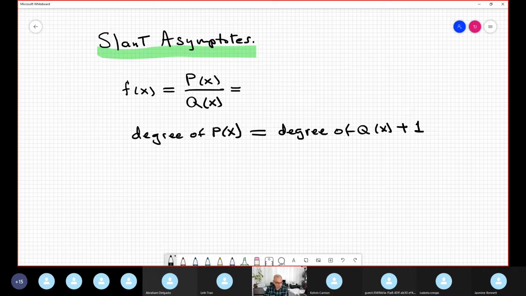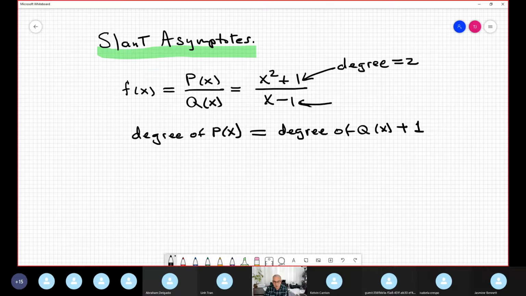Example, an elementary example. Suppose x squared plus 1 divided by x minus 1. It is obvious that the degree of the polynomial in the top is 2. And it is obvious that the degree of the polynomial in the bottom is 1. So the degree of the polynomial p is equal to the degree of the polynomial q plus 1.